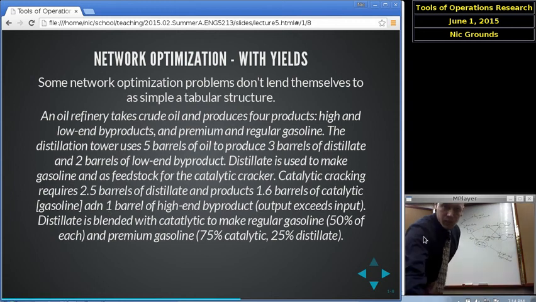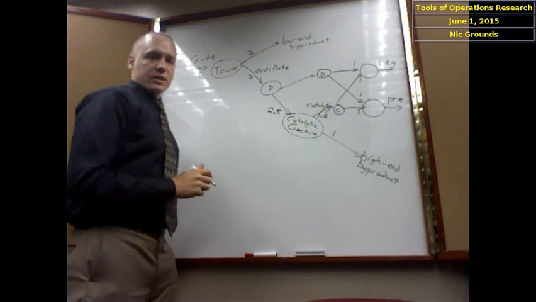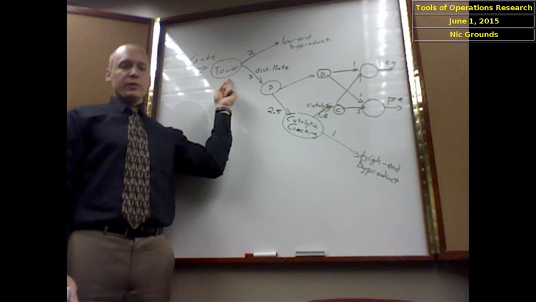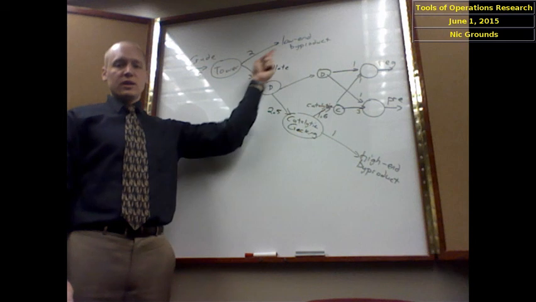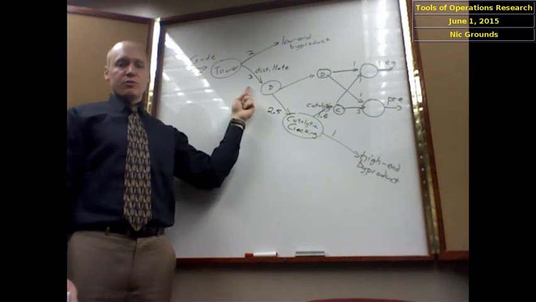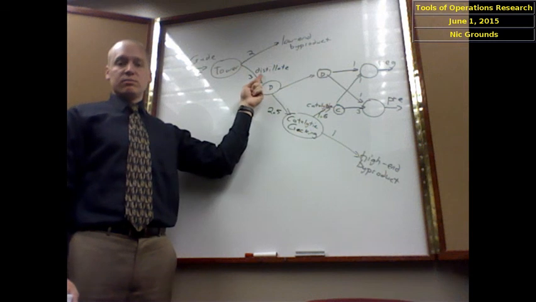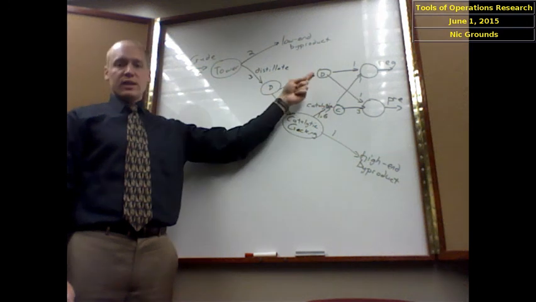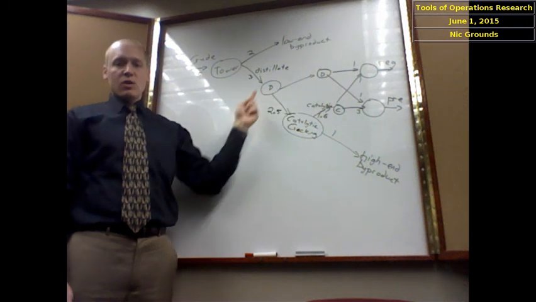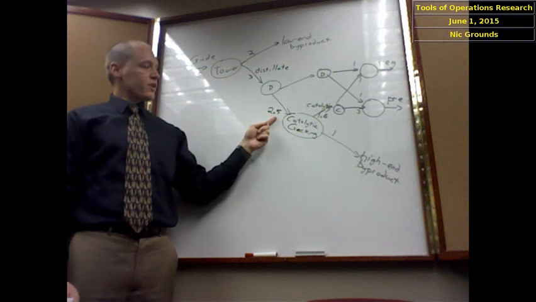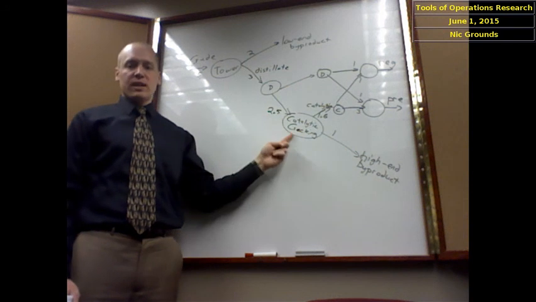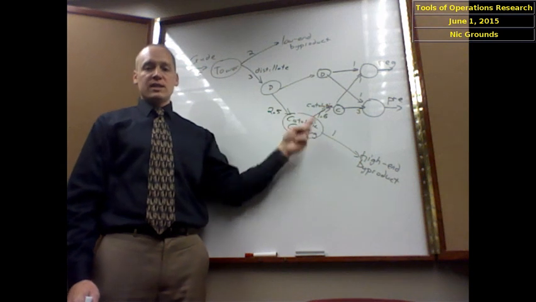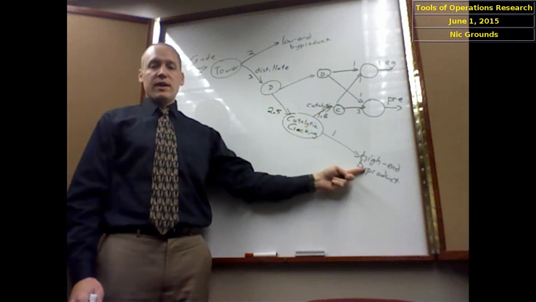So just to show the process here again, we have crude oil coming in. For every 5 barrels of crude oil we can produce 2 barrels of low-end byproduct, and we can produce 3 barrels of something called distillate. Okay, so that distillate gets either used directly to make some gasolines, or we can pass, for every 2.5 barrels we want to pass through a catalytic cracking process, we can get 1.6 barrels of catalytic gasoline and 1 barrel of high-end byproduct.